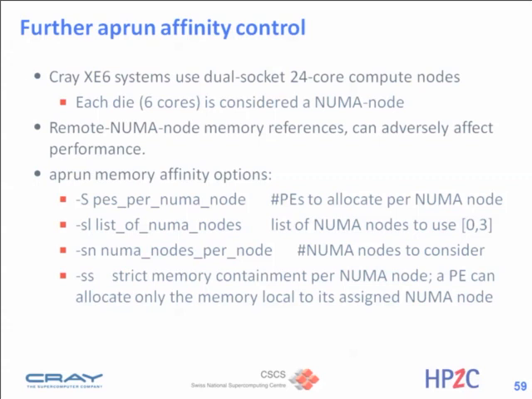Would it make sense, if I have a pure MPI and no OpenMP, to use this -ss option? If you have a pure MPI application and you are running 24 MPI ranks per node, then the ranks that run on a certain die access only a certain portion of memory.